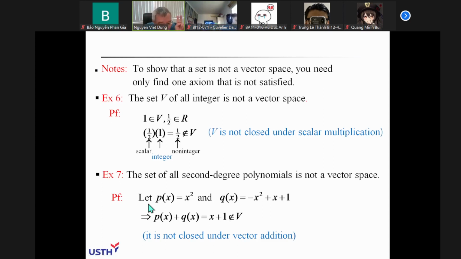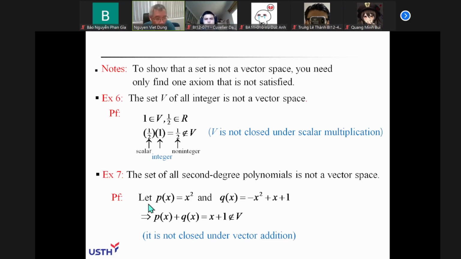That is the reason why that set is not a vector space. I say it is not closed under vector addition. I mean that the axiom number 1 in the definition of vector space is broken.